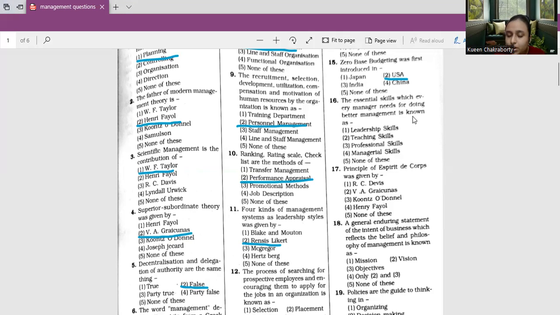Next, leadership skills. A manager is not a leader. A leader is the one who directs, and a manager is the one who makes the employees work as a team. So leadership skill is not a mandate for him.